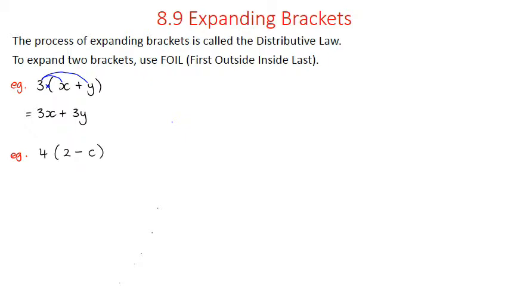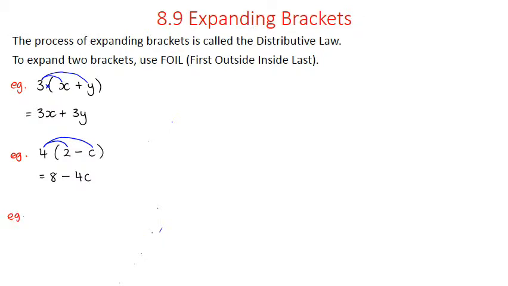Okay, all we're going to do is multiply the 4 into the first term and into the second term. So 4 times 2 is 8. 4 times negative c is negative 4c. Again, 8 minus 4c, they're not like terms, so you can't subtract them. Just leave them as they are.